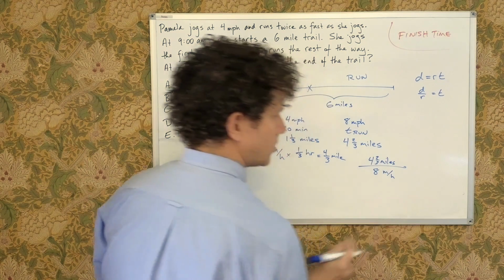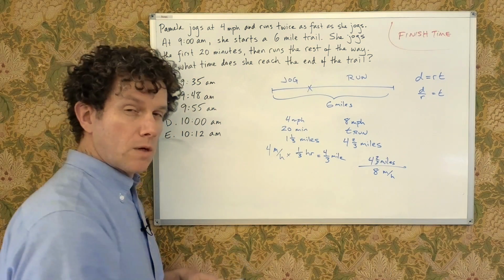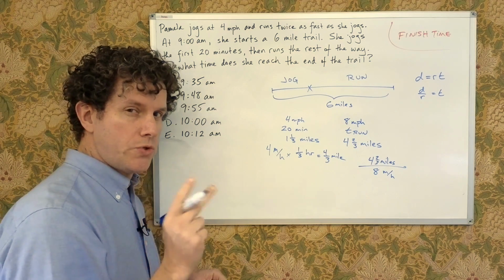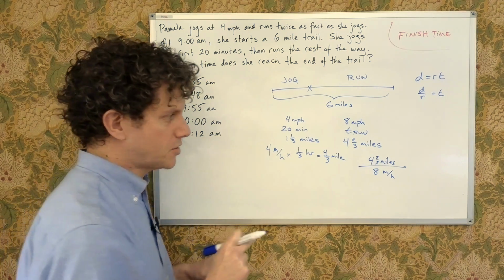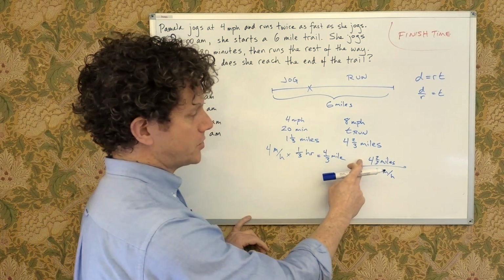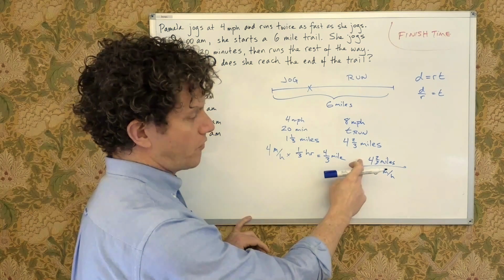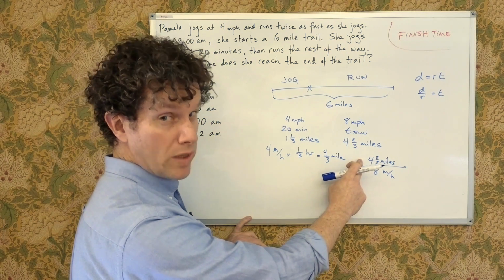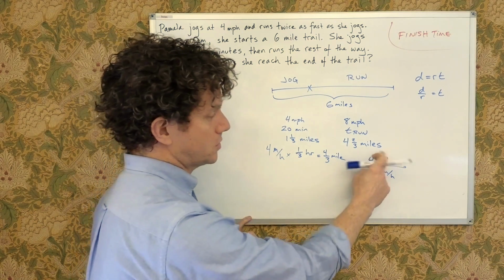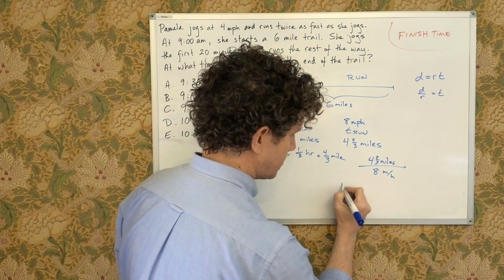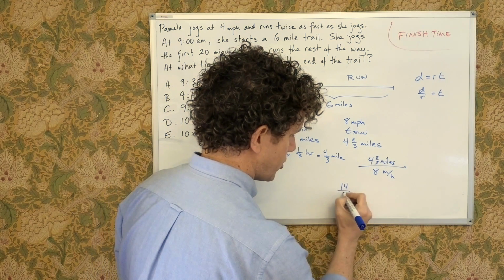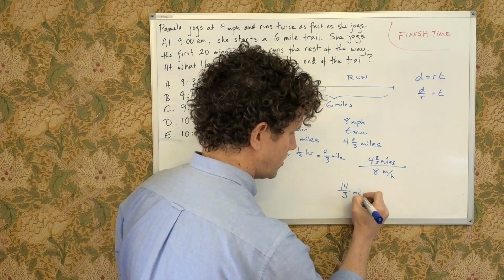miles per hour. So I'm going to do 2 things to make this manageable. I'm going to get this back into an improper fraction. 4 is 12/3. 2 more thirds makes this 14/3 miles.